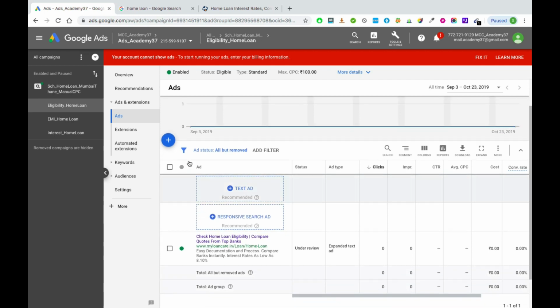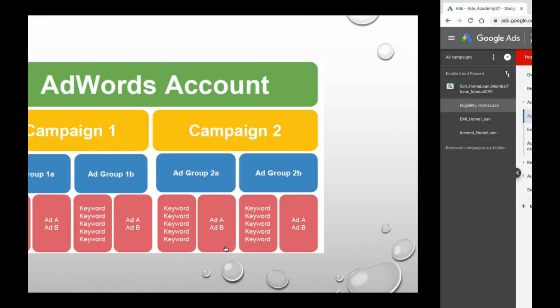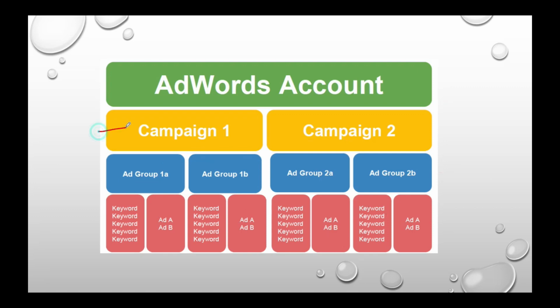There you go. So in this search campaign and eligibility ad group, we have created our first ad copy.